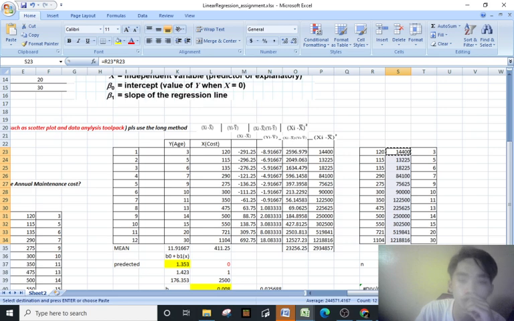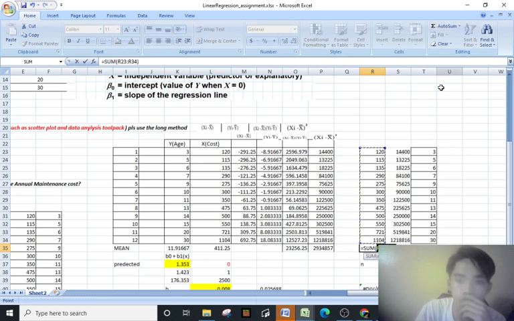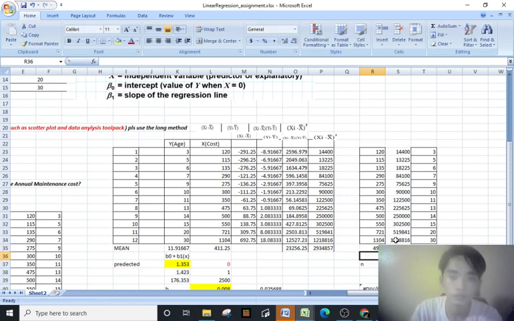So I'll also get the sum of this. What the sum? To get the multiplied by itself, also copy.